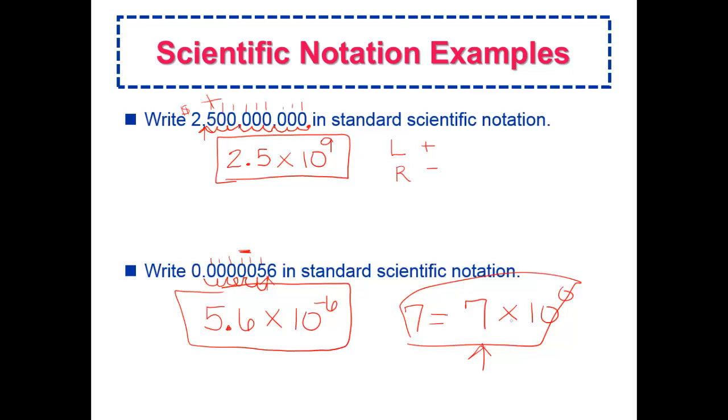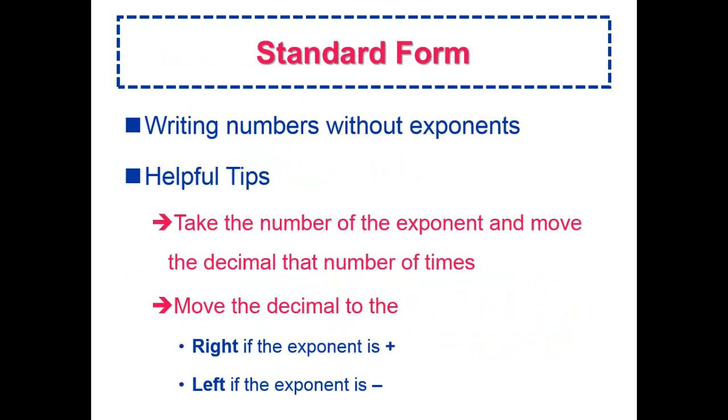So there's just some examples of how to write some numbers in scientific notation. The other thing you need to be able to do is to go the opposite way and write something in what's called standard form. So taking numbers and writing them without exponents.